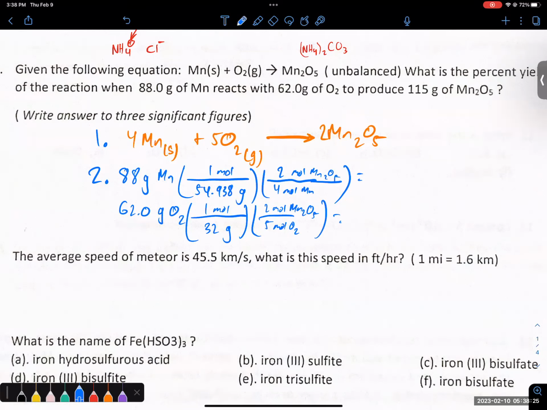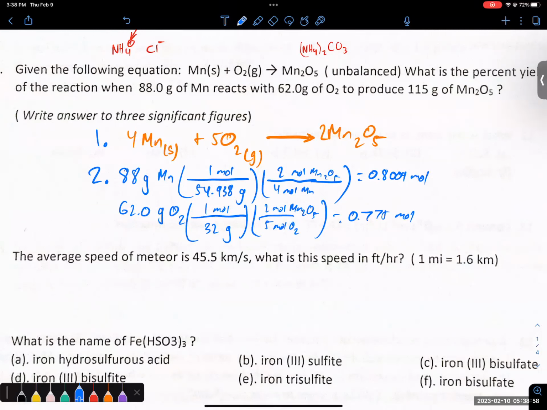All right, so solving this out with our calculator, we get 88 divided by 54.938 times 0.5, because 2 divided by 4 is the same thing as a half. So we get 0.8009 moles. And then we'll do 62 divided by 32, then times 2 divided by 5, and we'll get 0.775 moles.